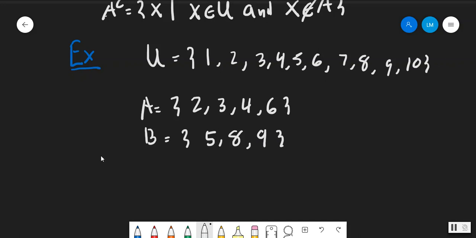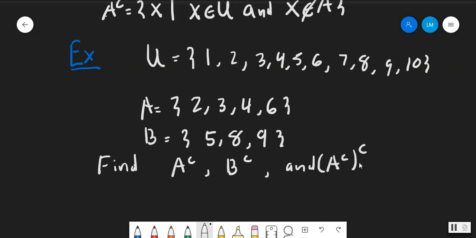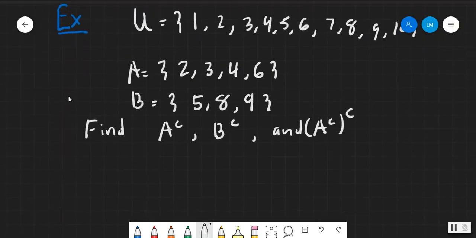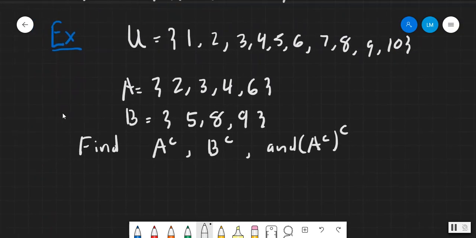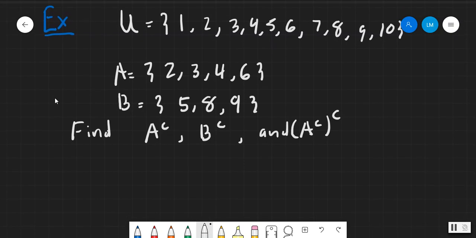Okay, so suppose that we want to find the complements of A, of B, and then last but not least, the complement of the complement of A.